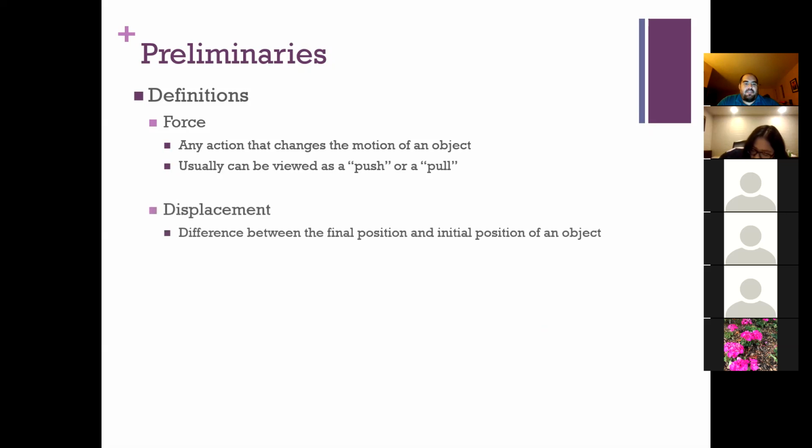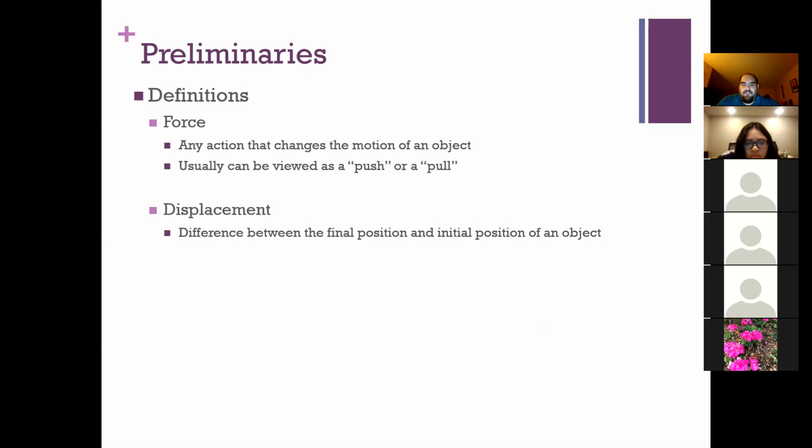What is displacement? A couple different ways to look at it. Difference between the final position and the initial position of an object. Kind of implicit in that is that you have to have some reference position. For example, the origin is a good reference position.